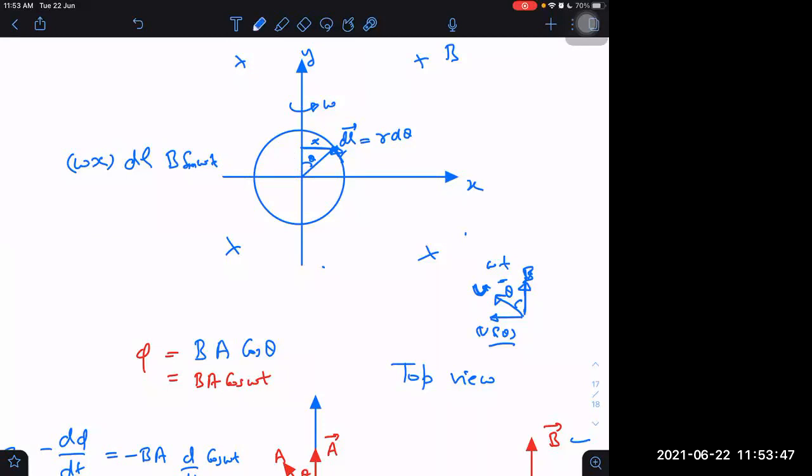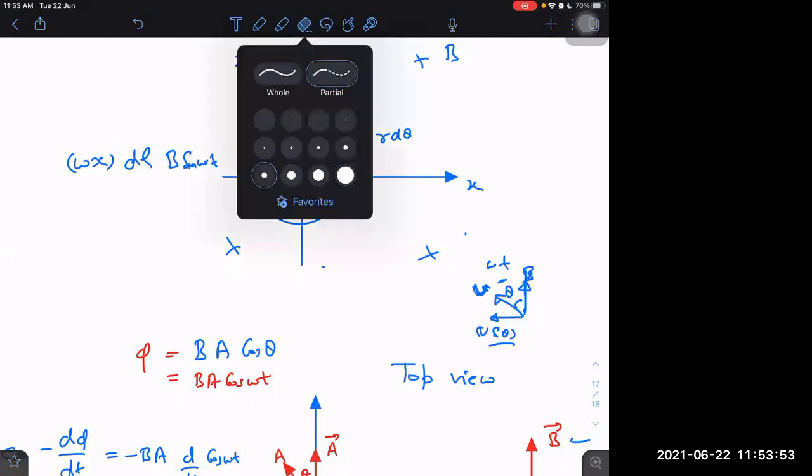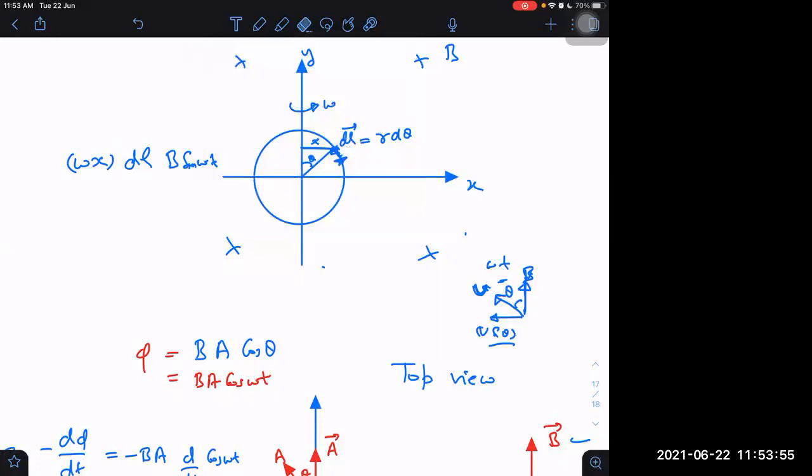V cross B dot dl. DL I have to take downwards only, I think, because I'm noticing it is sending the charges in the downward direction. V cross B dot dl.